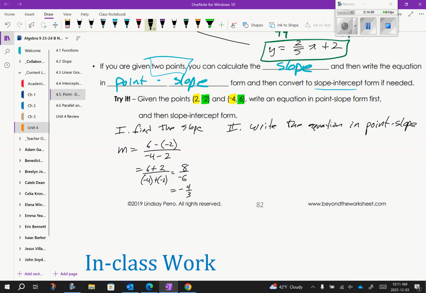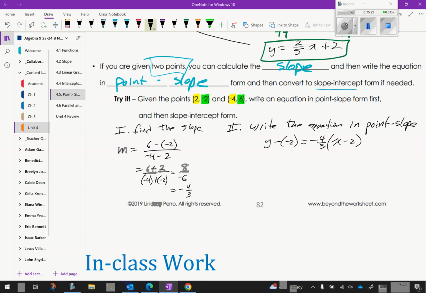Pick a point. Doesn't really matter. If this line goes through both of those points, we should get the same equation either way. Say I'm going to use the first one because those numbers are smaller. So y minus negative 2 is equal to negative 4/3 times x minus 2.